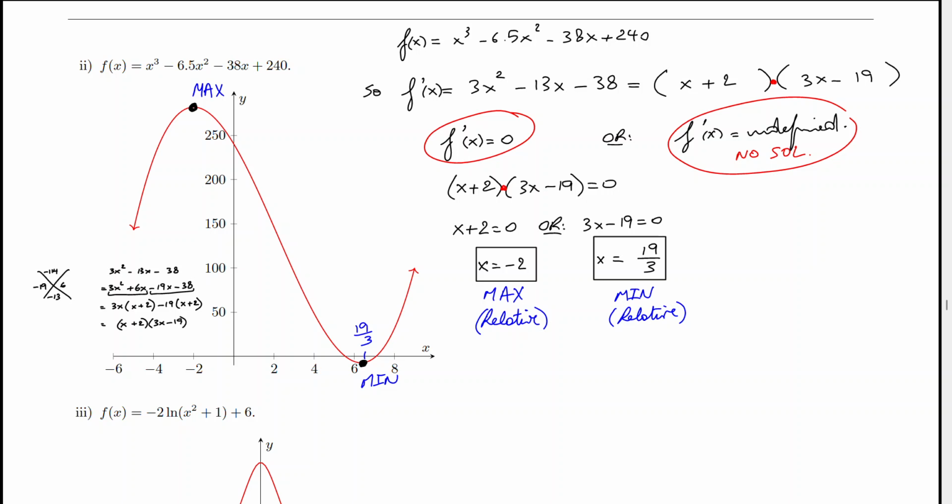Now, if you decide to say global minimum, then you would lose points because this graph continues going down forever on the left, and every point on this side will be lower than that point, so it would not be an absolute minimum. So you can either say minimum to be safe, or if you are sure it's not the global minimum, then you can say relative minimum, and that's considered okay as well.